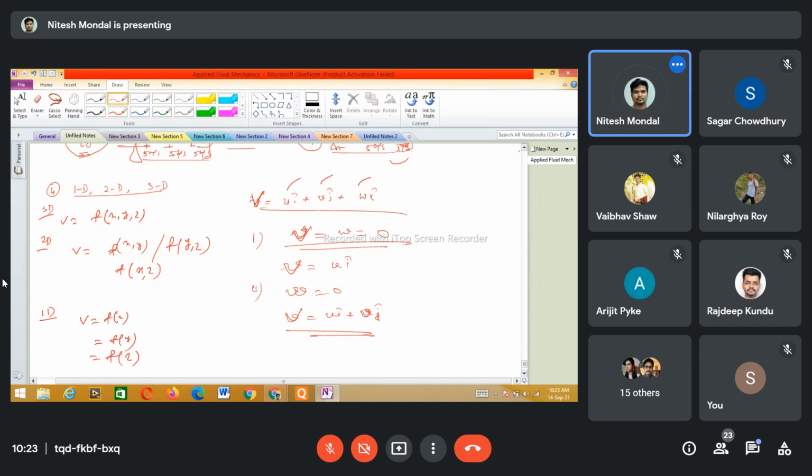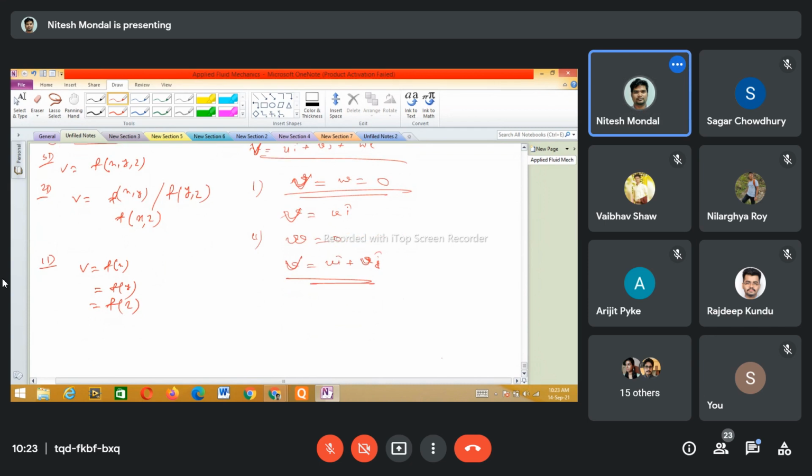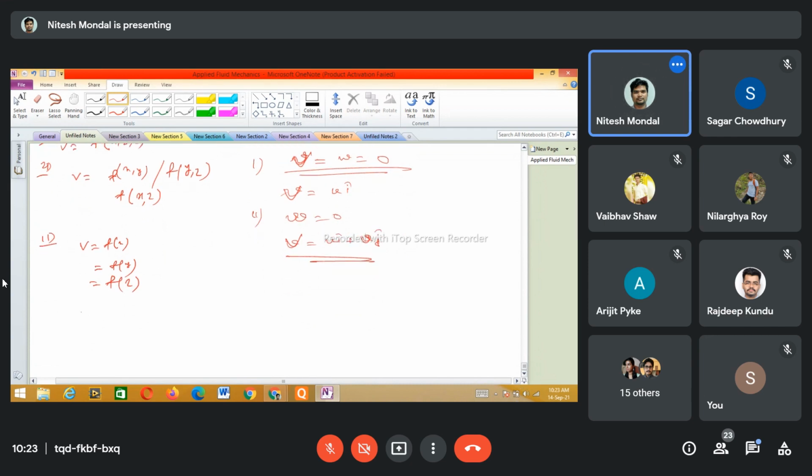Now, give an example of 1D, 2D, and 3D flow. First, 3D flow. Just consider the x, y, z directions. A flow can move like this, like a vortex.